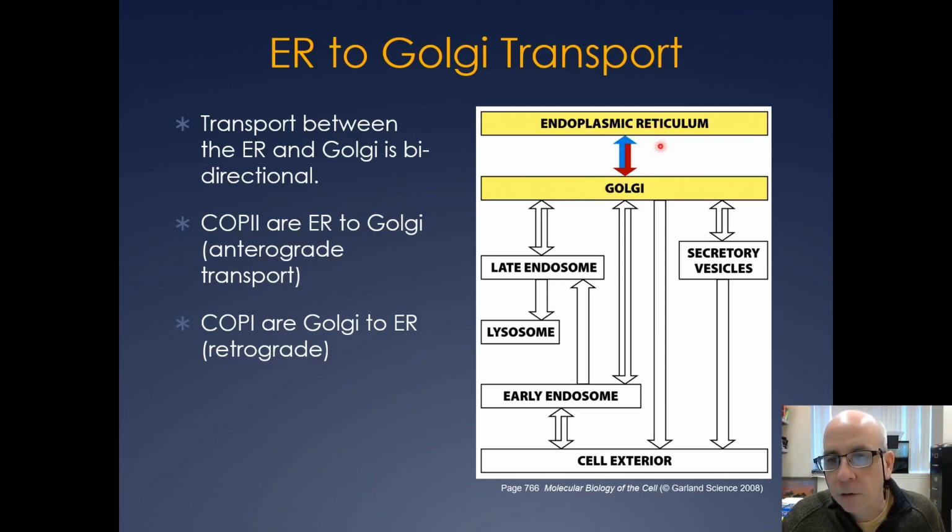And this serves as a recycling mechanism, as you'll see, right? Cargo goes forward, and anytime an ER resident protein or something that is needed for the process of fusion is present, it will actually get recycled back. Okay, so it's a recycling step.